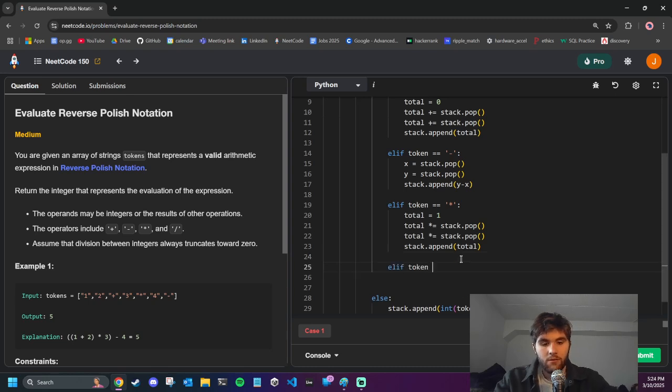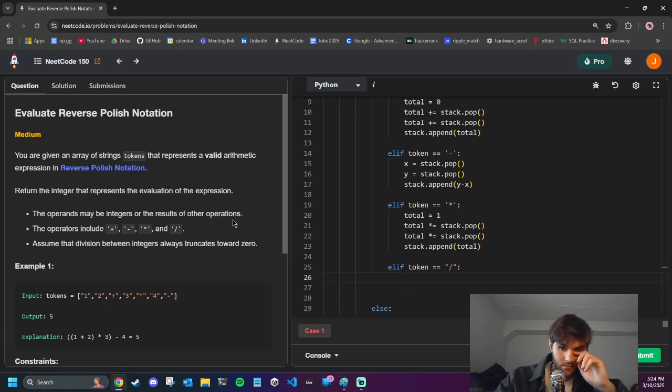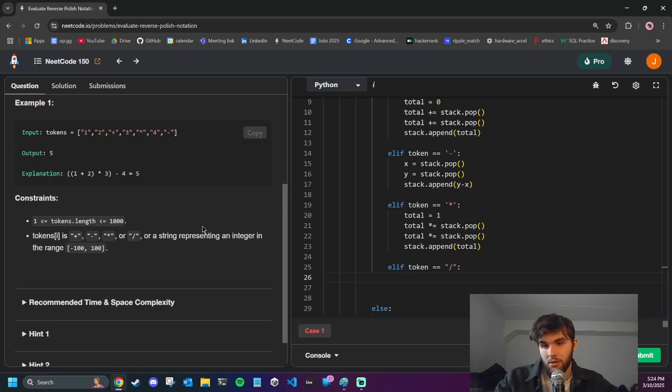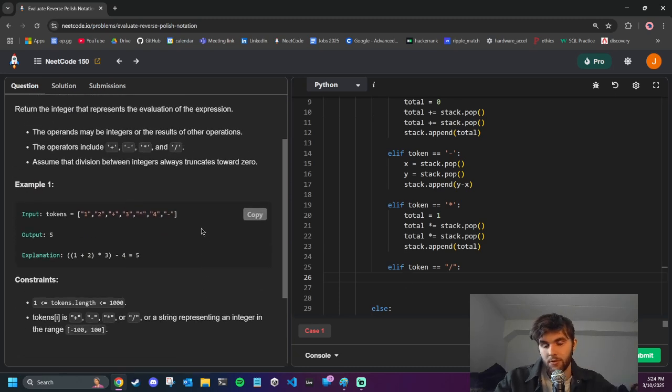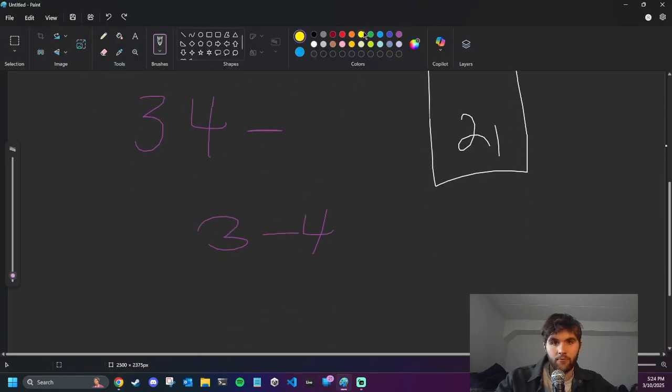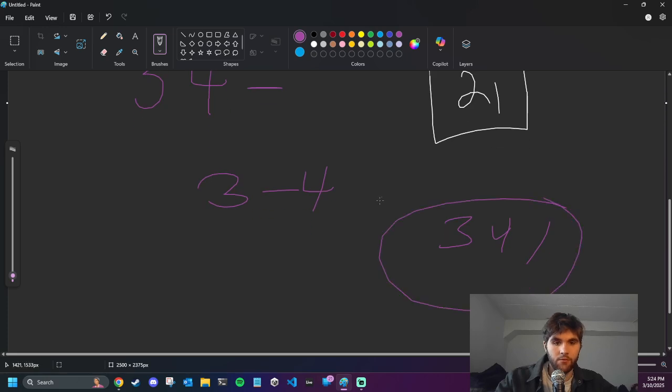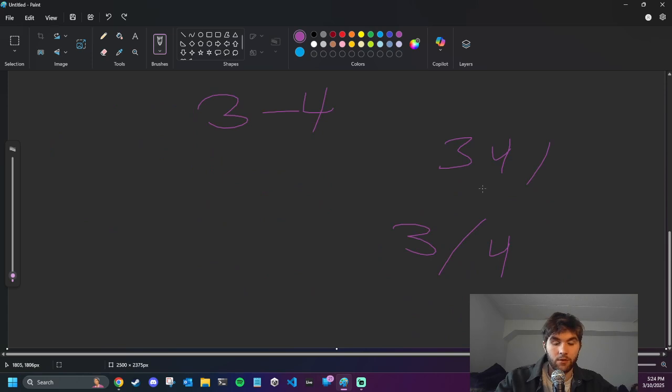If the token equals division, it doesn't really tell me how division works. I'm assuming it's going to work the same way as the minus. So if I have this expression, 3, 4 divide, I'm going to assume that it's 3 divided by 4, the same way that the subtraction worked.